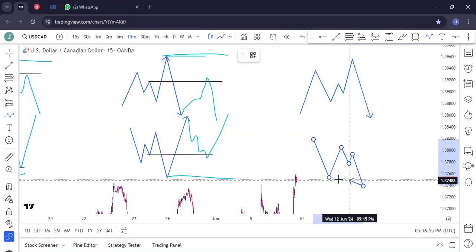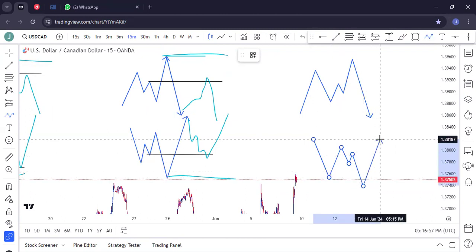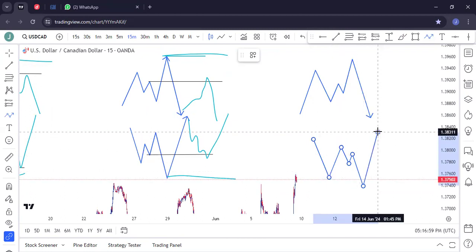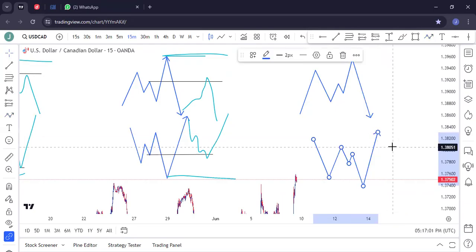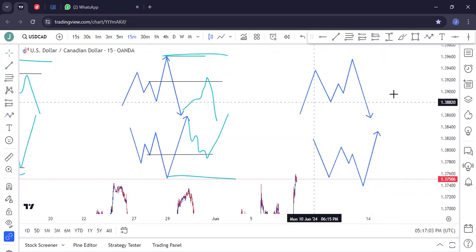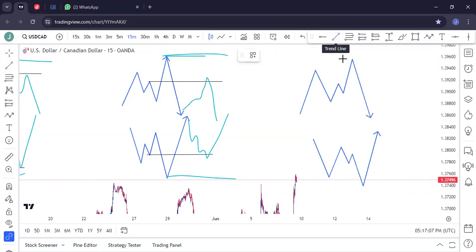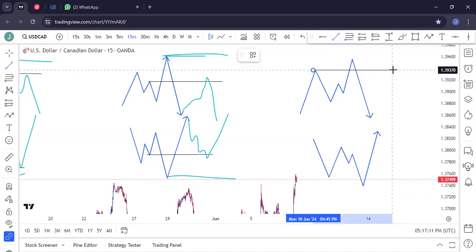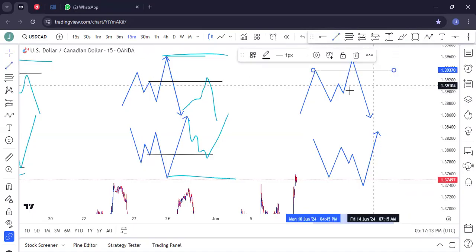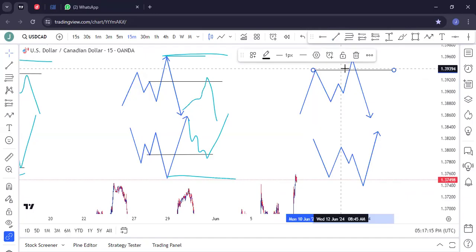After this break of structure, the market changes the character. Now, if you find this kind of scenario in the market, the entry point, we put it at the high where the market breaks the structure.